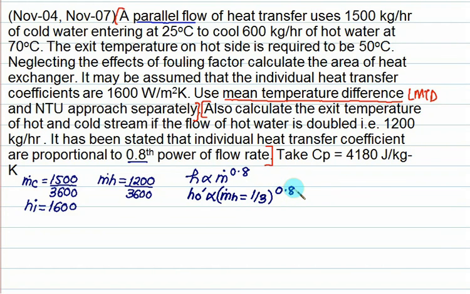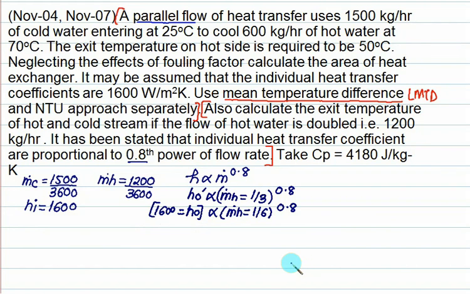Whereas the original value of HO is proportional to M dot H, which is 1 by 6, to the power 0.8, and the original value was 1600. Is this part clear first?